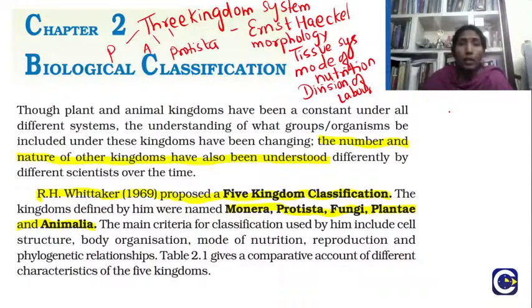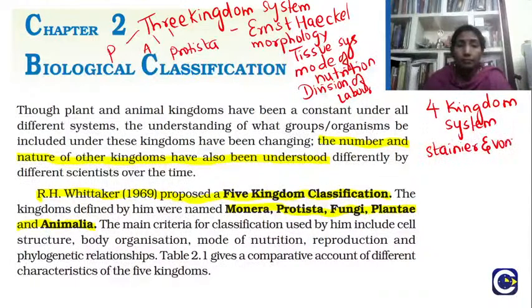What about the four kingdom classification? Then came the four kingdom classification. Maithili, Sanju, you are all able to follow? The four kingdom system was actually proposed by Steiner and Van Niel, but it was developed well by Copeland. Here, what were the four?